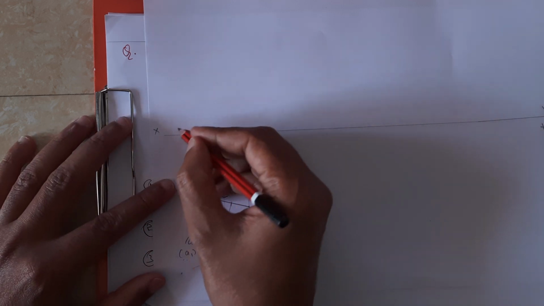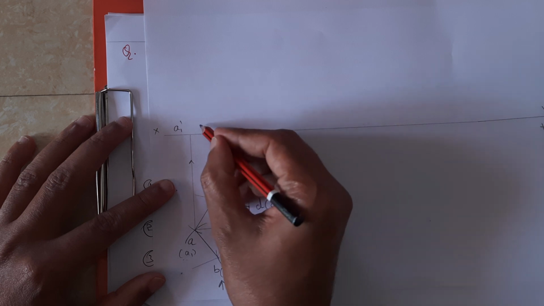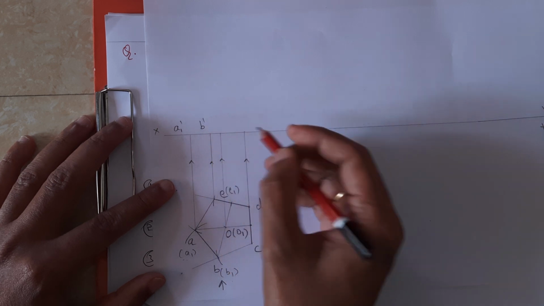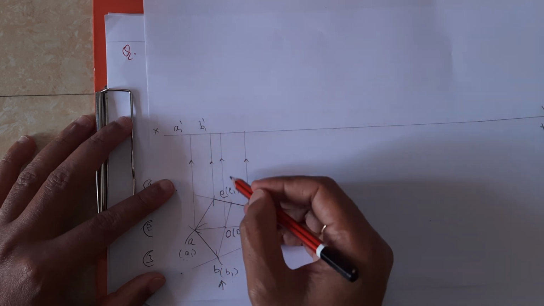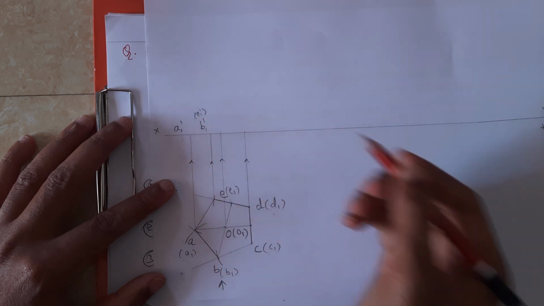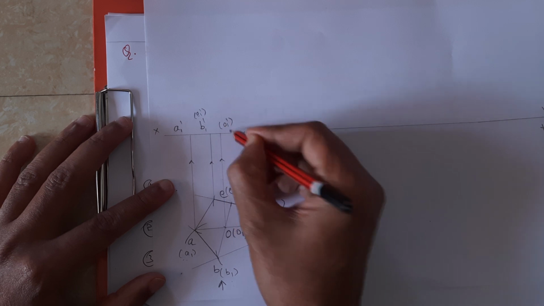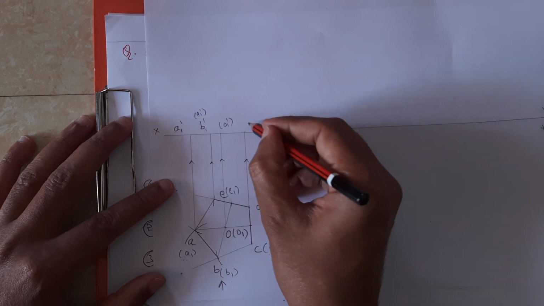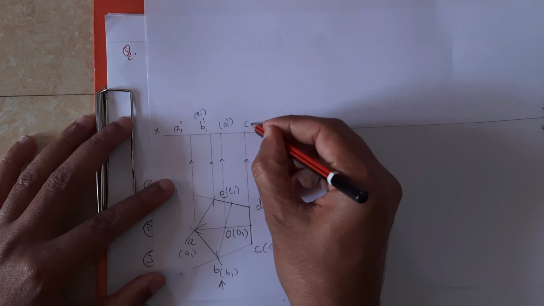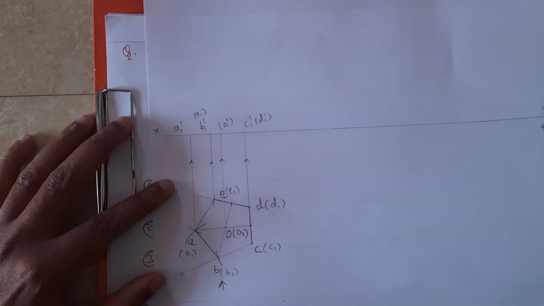That is what we have to represent here. A1 dash is visible, B1 dash is not visible, and E1 dash comes in the same line. So this will be in parentheses, E1 dash, and this in brackets, O1 dash, that is also not visible. Next, this one, C1 dash, is visible, whereas D1 dash is not visible.